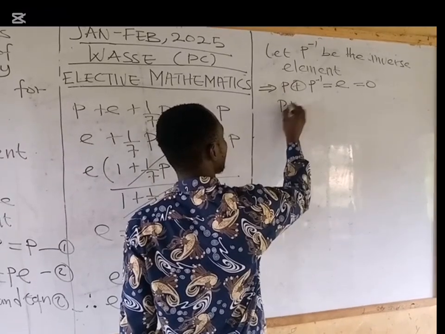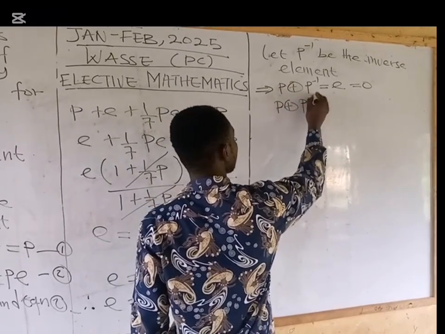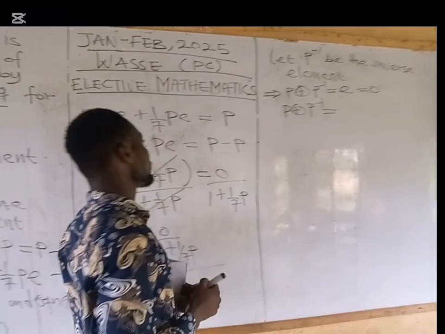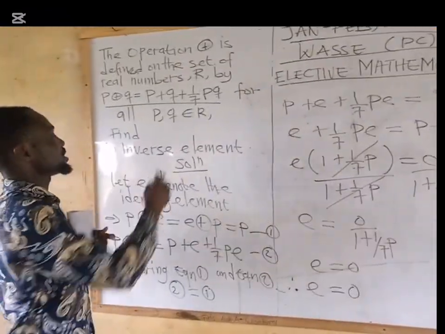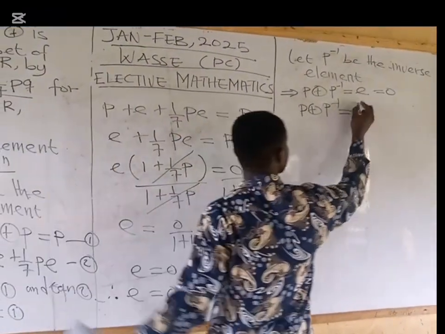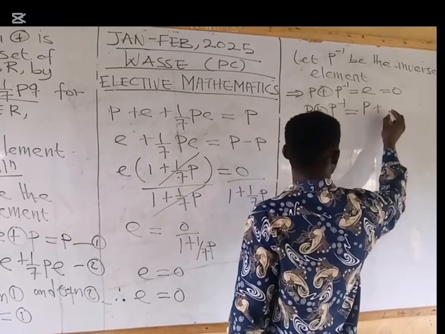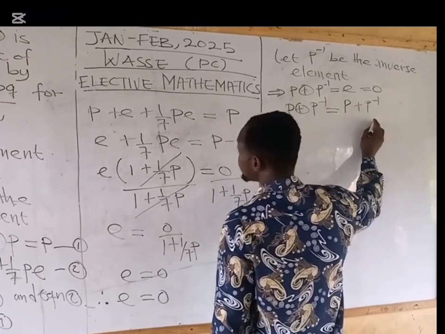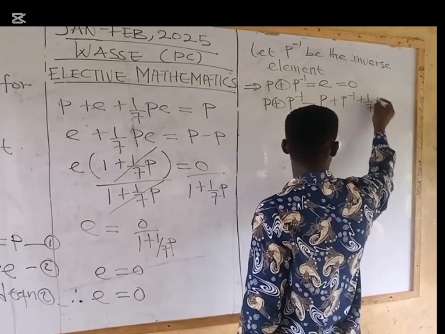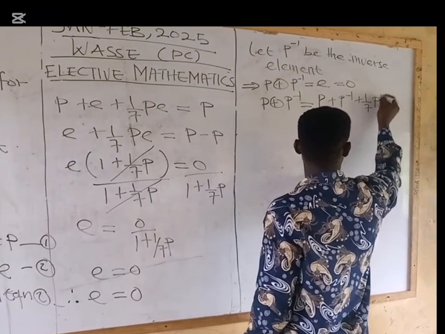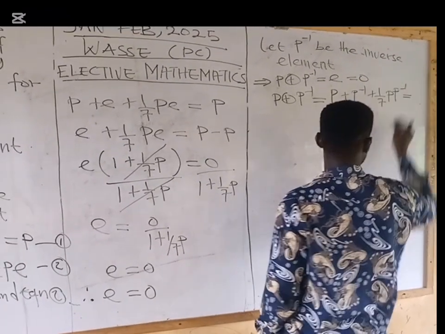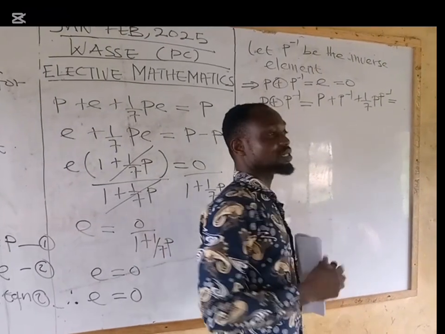So P operation P inverse is equal to, now we substitute this into the general relationship given. So I have P plus P inverse plus 1/7 P times P inverse, and that gives us the identity element 0.